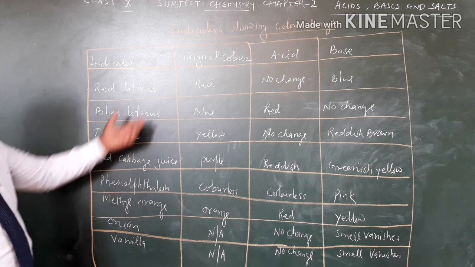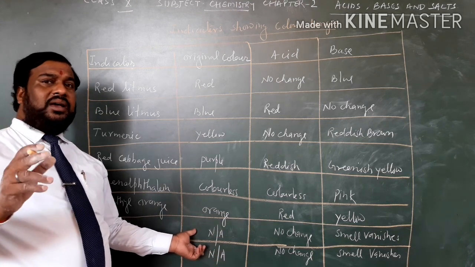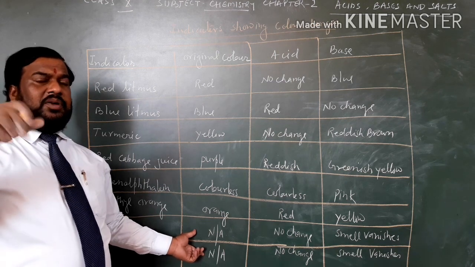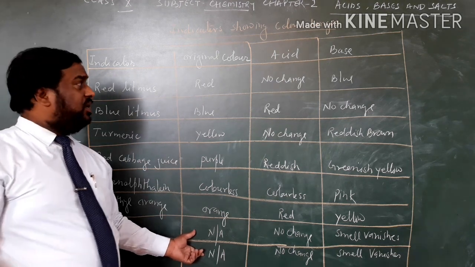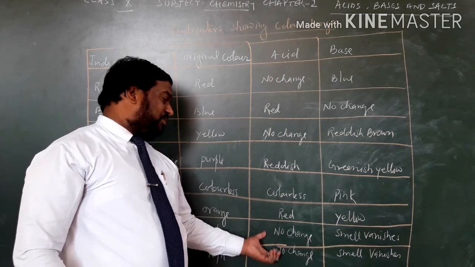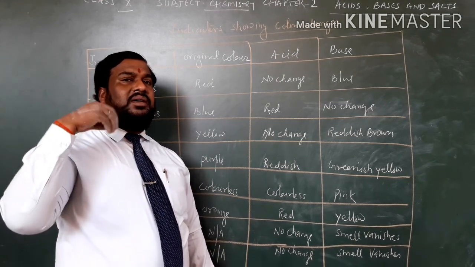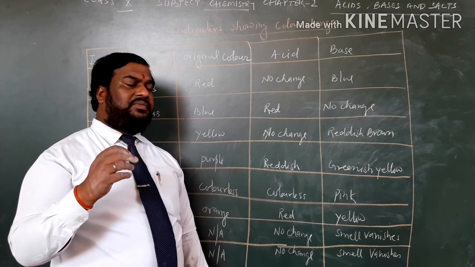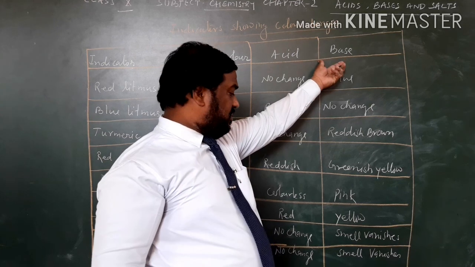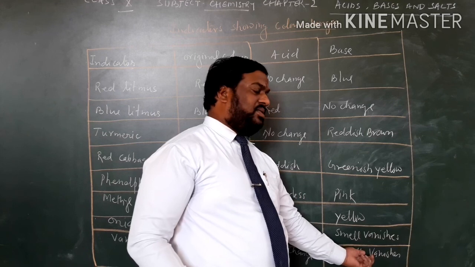Here original color is not applicable because both are olfactory, meaning a peculiar or special type of smell. In acid no change, meaning in acid the specific fragrance or smell stays the same, but in base the smell vanishes.